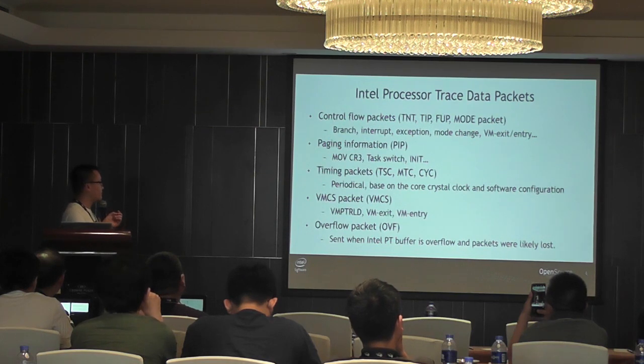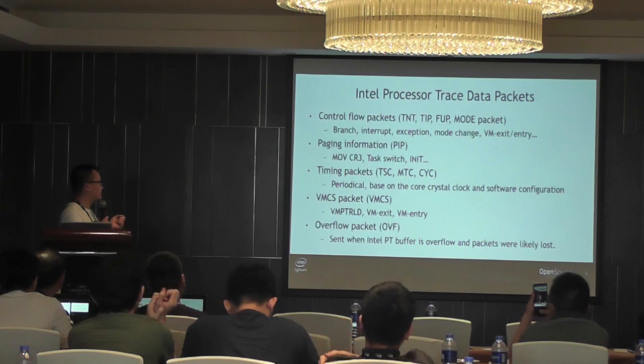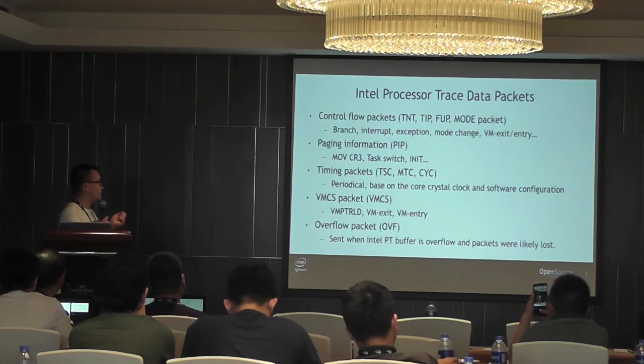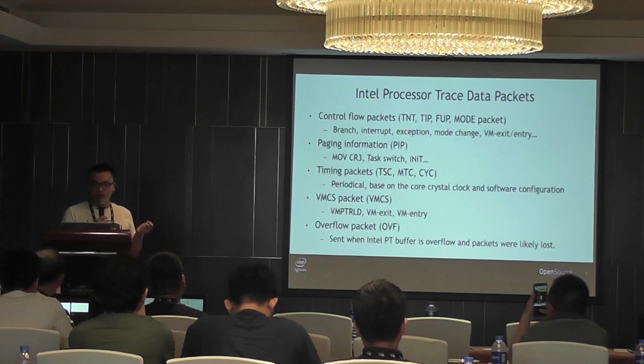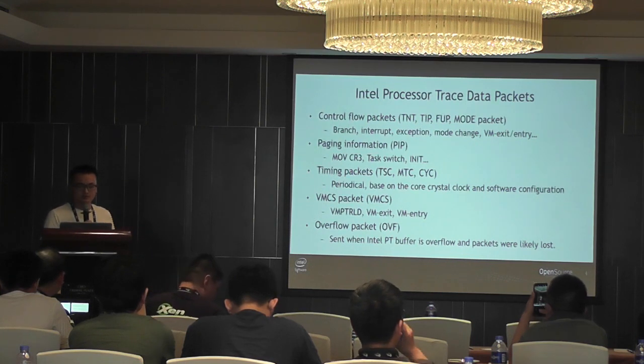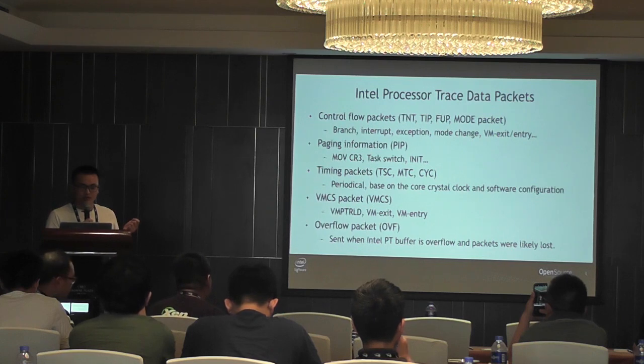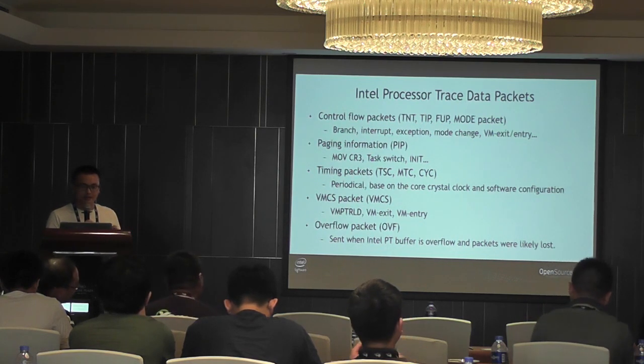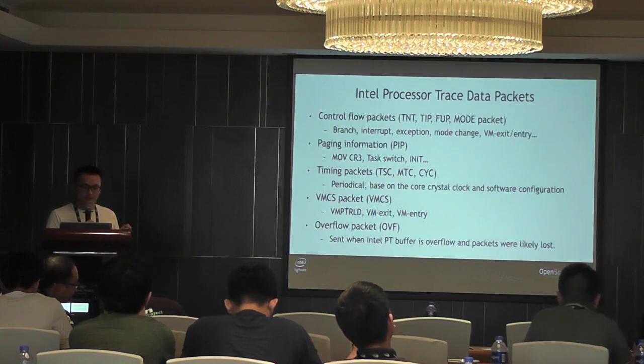These packets can be produced by branch instructions, interrupts, exceptions, mode changes, and VM exit and VM entry. When we change the CR3 or do a task switch, the PIP packet will be produced.